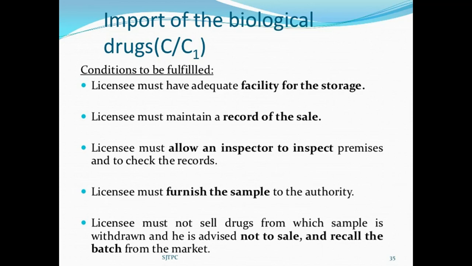He must allow an inspector to inspect any premises and any records, and the inspector can also take samples of the drugs for testing, to identify whether they are good quality, substandard quality or adulterated drugs. So these are some things you have to maintain for the import of biological drugs.